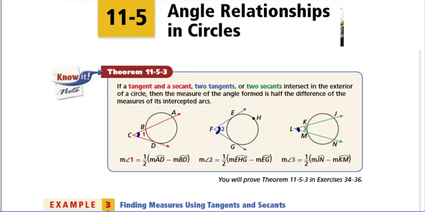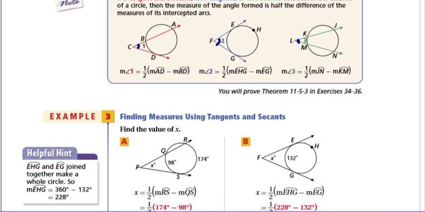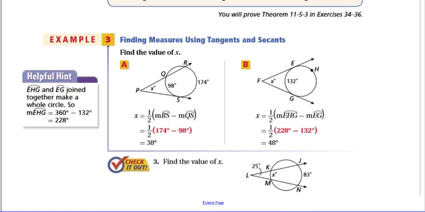Exercise 3. Finding measures using tangent and secant. A. Find the value of x. x equals what? x equals half, open bracket, 174 minus 98.